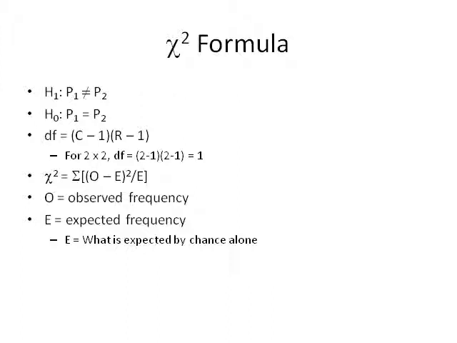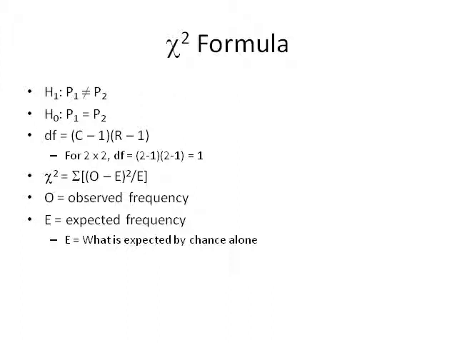The chi-square formula contrasts the frequencies we observe in each cell, the O, against the frequencies we would expect to observe if chance alone was operating, or if the null hypothesis was true. And that's what the E is. E is what we would expect.